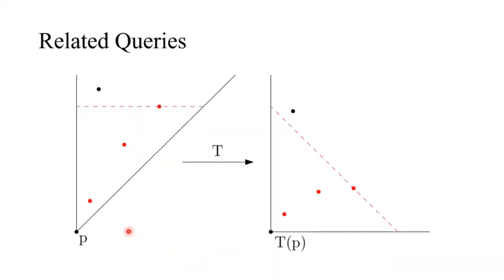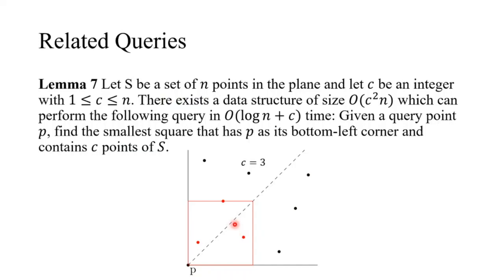So here on this next slide, I've taken one of the two cones from the previous diagram on the previous slide, and I've shown here that finding the C lowest points in this cone corresponds directly to finding the C points in this transformed quadrant, which are closest to T of P according to the Manhattan distance. And therefore, queries of this type reduce exactly to queries of the closest C type that we've seen before. And so we can obtain a data structure with the same exact query time and space requirement as the closest C data structure.